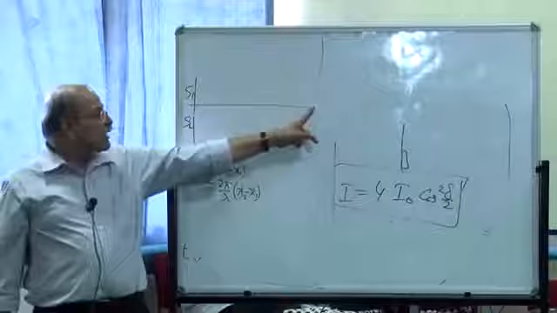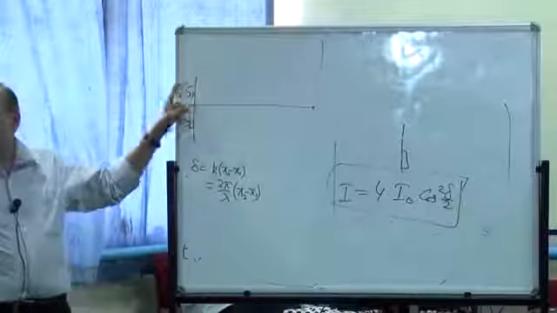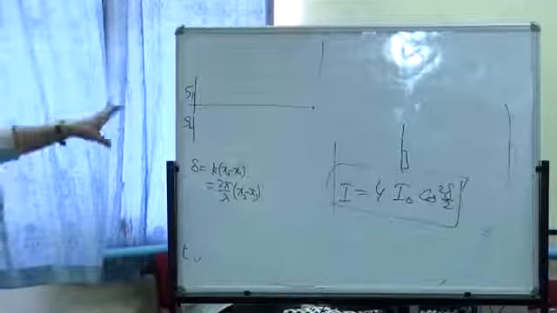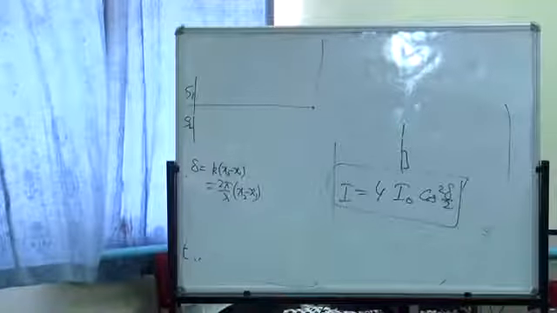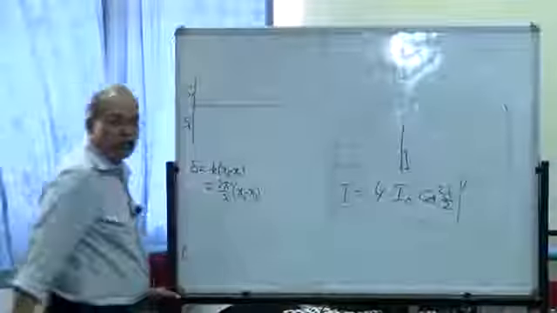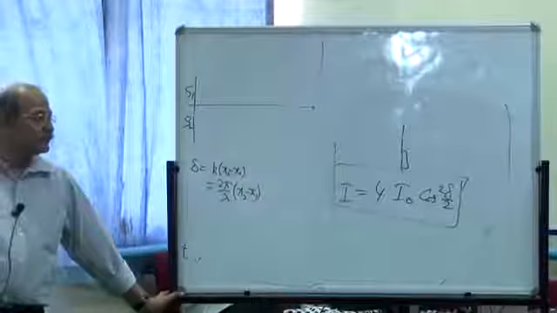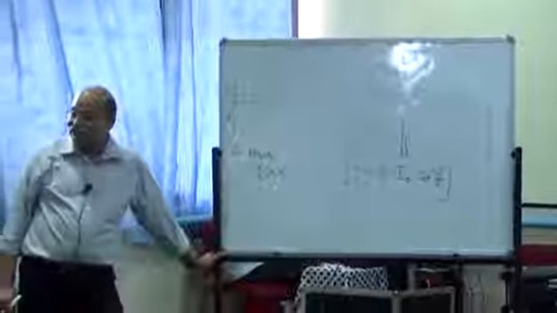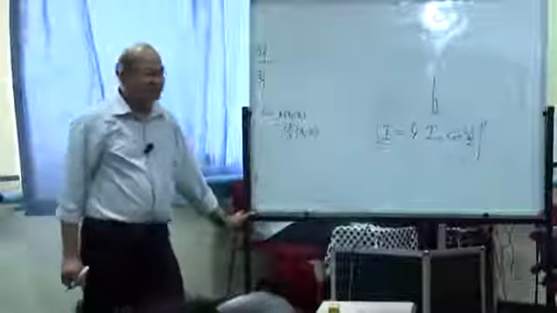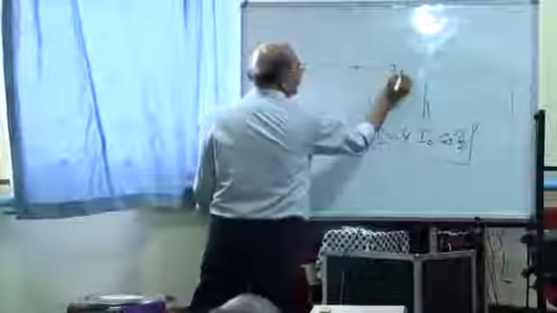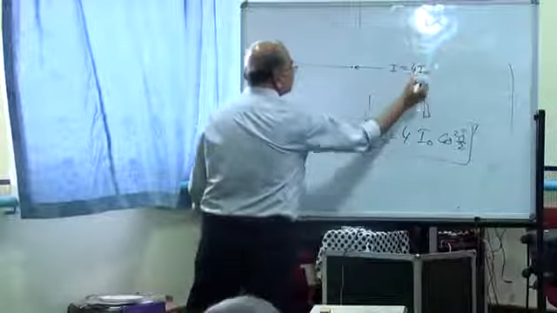At this central point, which is symmetrical, equidistant from S1 and S2, x1 is equal to x2, so delta is 0. And if delta is 0, cos square delta by 2 is 1, and I is 4 times I naught. Here I is 4 times I naught.